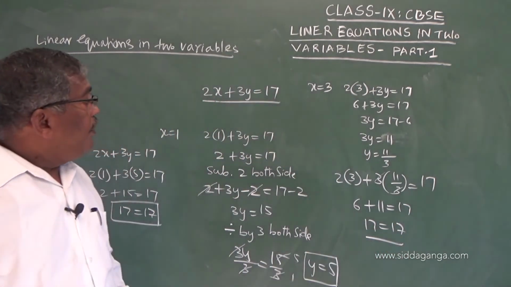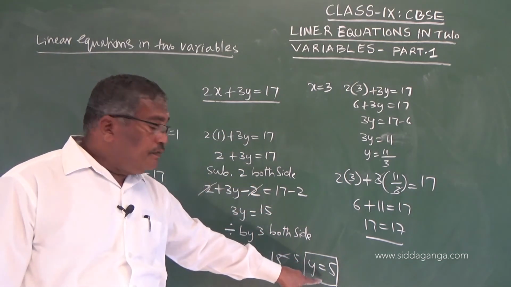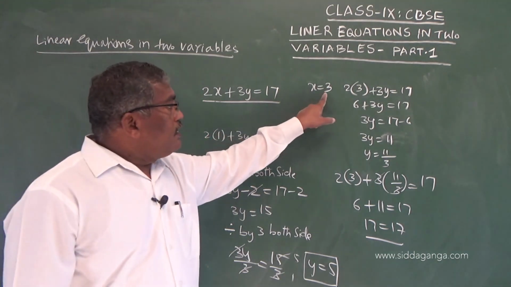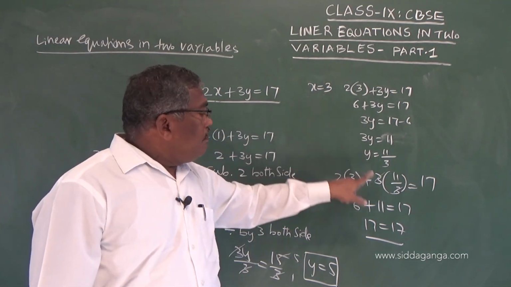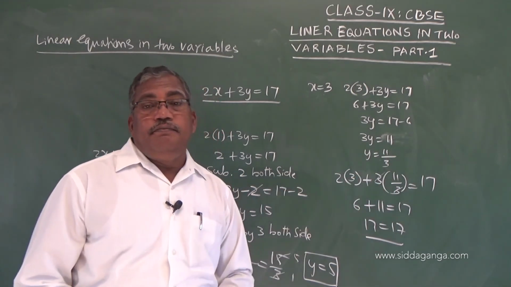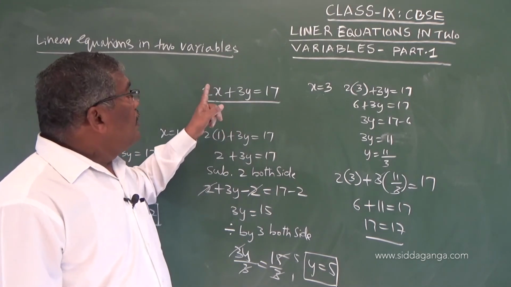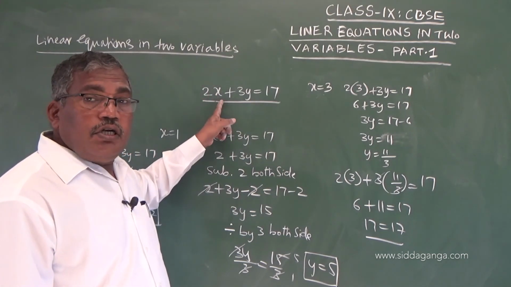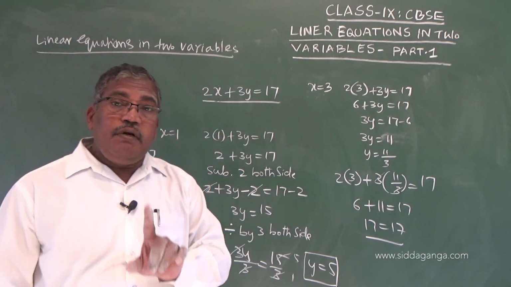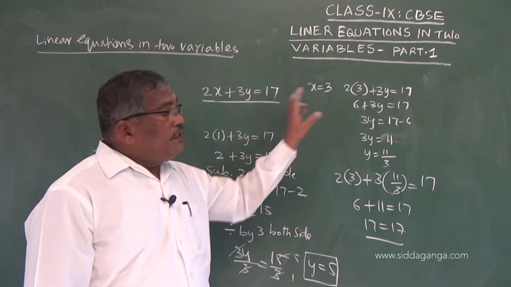So when we took x equals 1, we got a y value, and these two satisfy the equation. When x equals 3, we got y equal to 11 by 3, and these two satisfy the equation. Similarly, if you take x equals minus 1, x equals 4, x equals 13, any value of x, you will get a corresponding value of y. Those pairs will satisfy the equation.